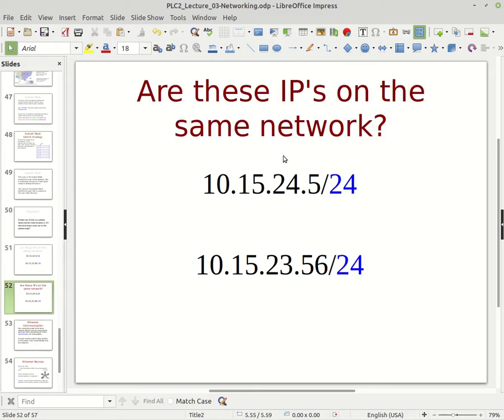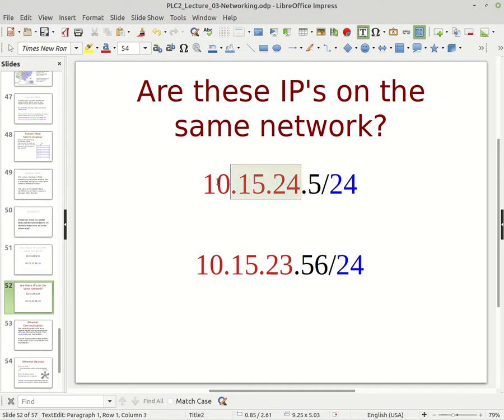However, if we flip and look at these numbers again, but now I'm telling you that the first 24 bits are the network. So now when you look at this, you see that these 24 bits are the network.